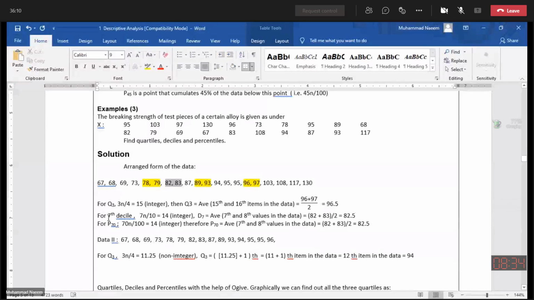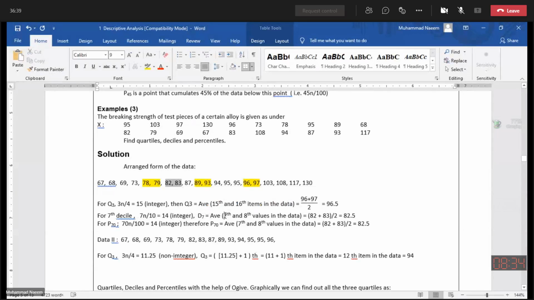Okay, for D7, first of all find the ratio, whether it is integer or non-integer. Again we have integer, so D7 is the average of 14th and 15th values in the data. What is D7 by 10? Yes, 14.